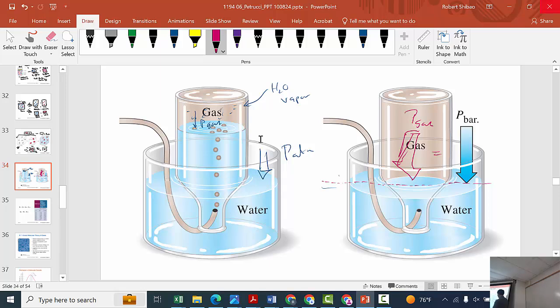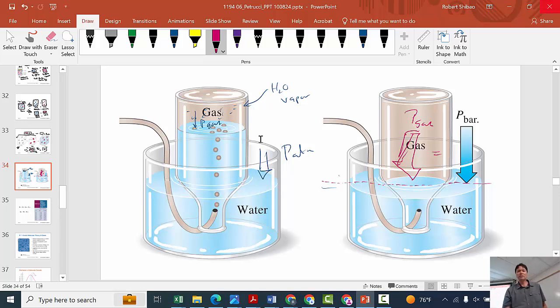If the pressure is too high, we can lower the pressure. Let's say the levels aren't matched here, and the gas pressure is lower down here. What we can do is lift out the container. If we lift out the container, it siphons water out and creates a vacuum here, which lowers the pressure. And then we can adjust the height so that the two levels are equal. Once the two levels are equal, then we know the pressure of the gas here is equal to the barometric pressure here.